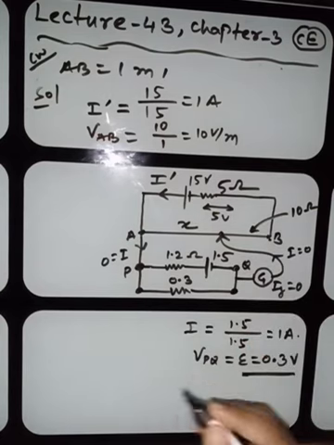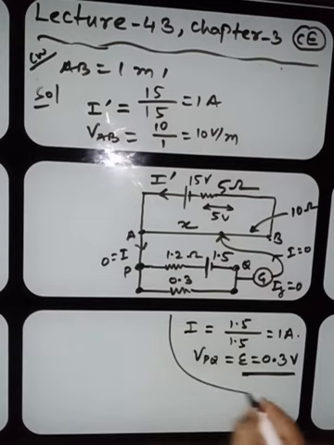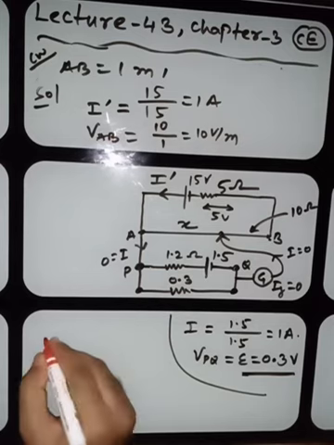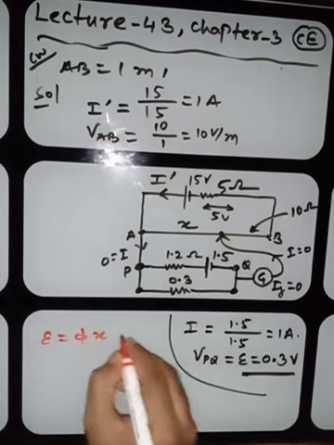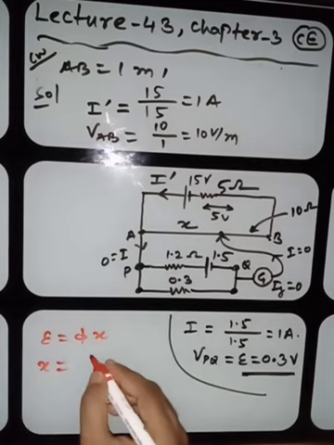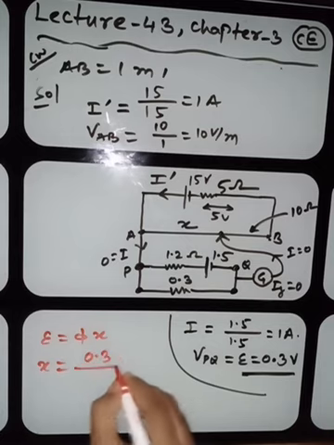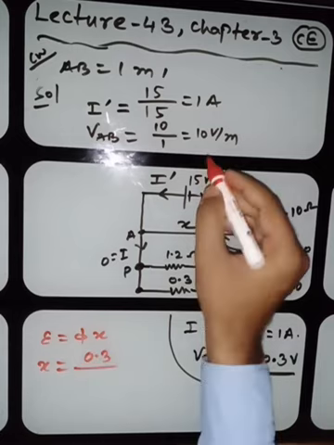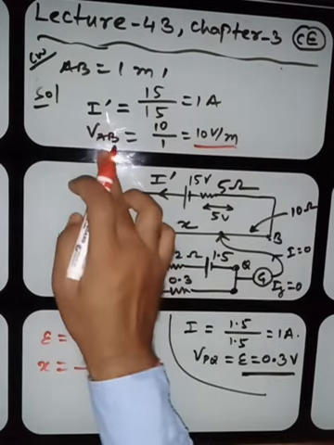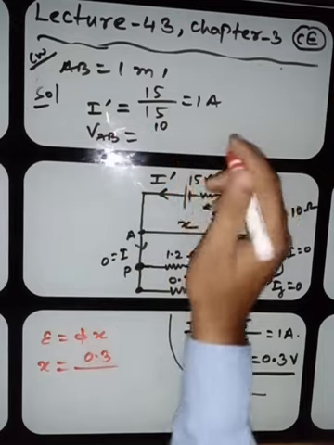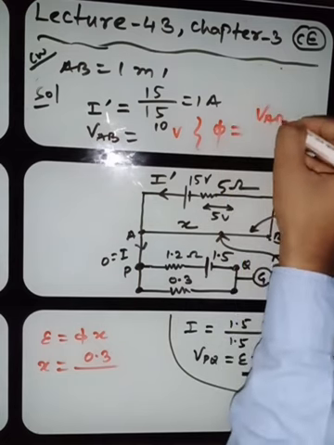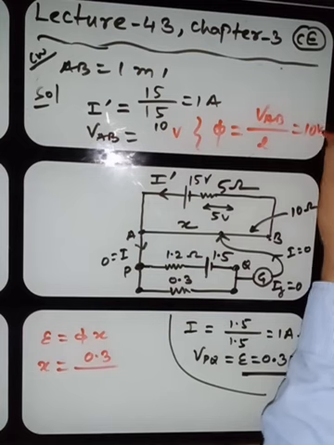I hope you understand. Now we know the formula: E is equal to phi times X, and we have to find the value of X. So X is E divided by phi, E is 0.3, and phi is V_AB divided by L, which is 10.